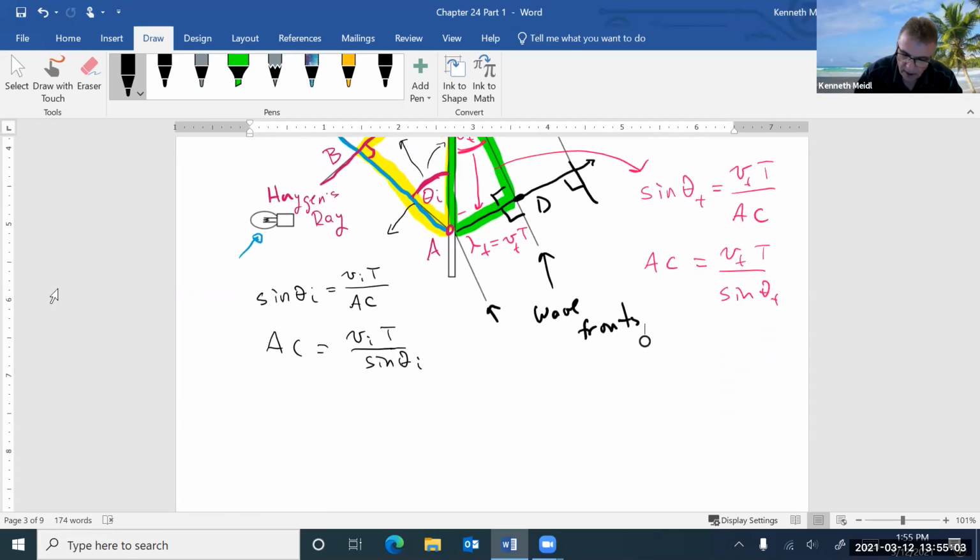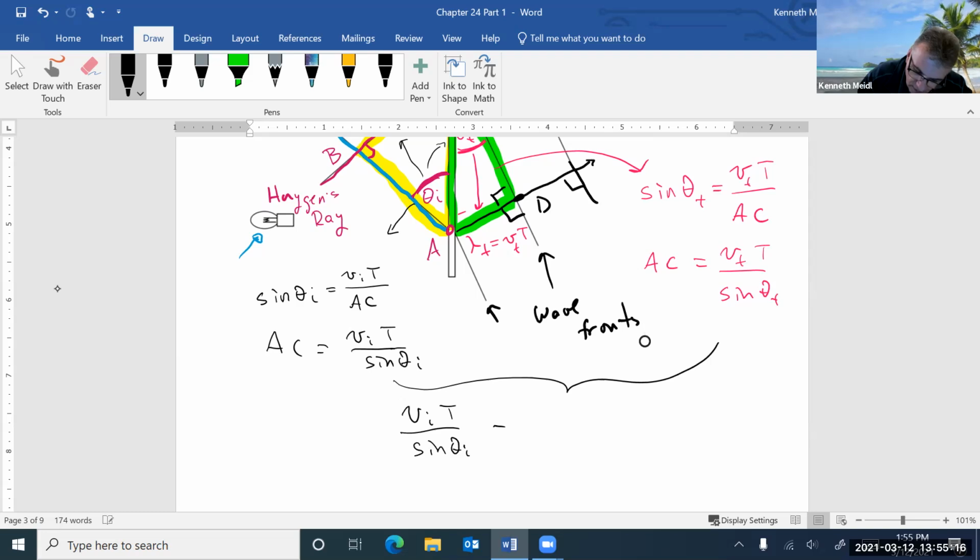So AC is equal to some stuff in both triangles. So it must be the case that this is equal to that right there.